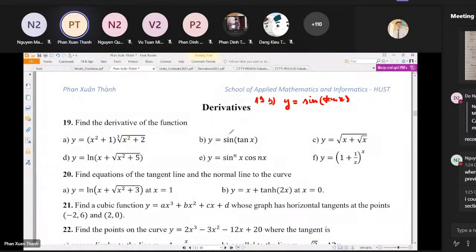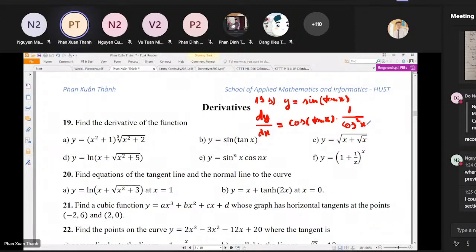The derivative of y with respect to x equals: first, we differentiate the sine function, we obtain cosine of tangent x, and then we multiply by the derivative of tangent of x, which is 1 over cosine squared. So we are done. I think this is not a difficult exercise.